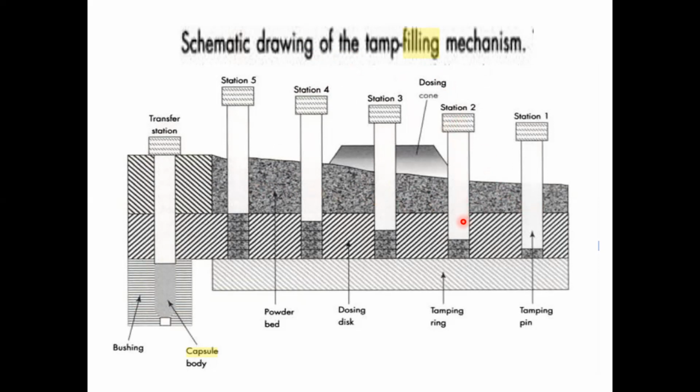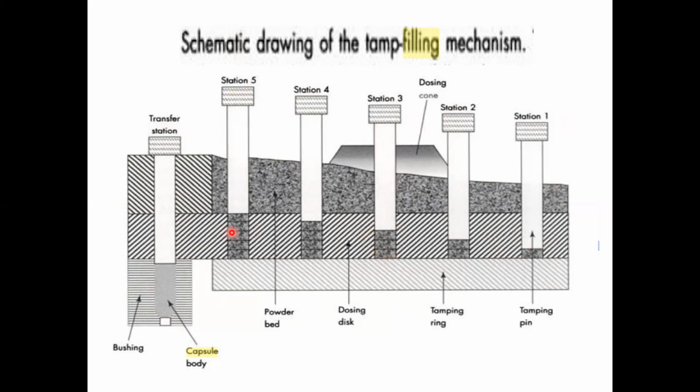These tamping pins or fingers are made from stainless steel, and they stand vertically upwards, above the disc. They are held on a holder, and these tamping pins exactly align with the holes in the dosing disc.